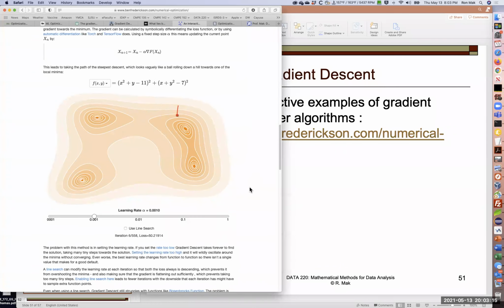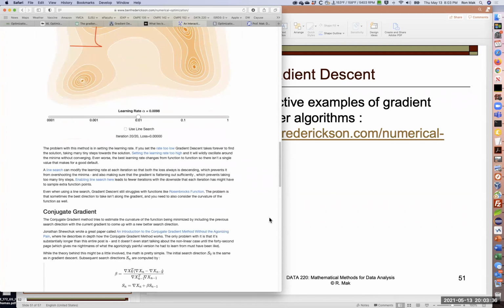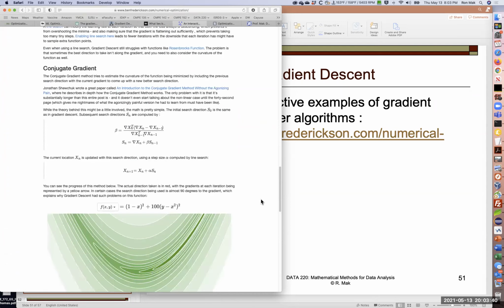Yeah, this one's going to take a while. So let's put it back to here, and we get there a lot quicker. Okay, let's start here. Now there are variants of this algorithm.